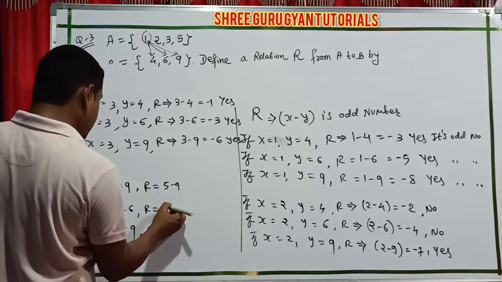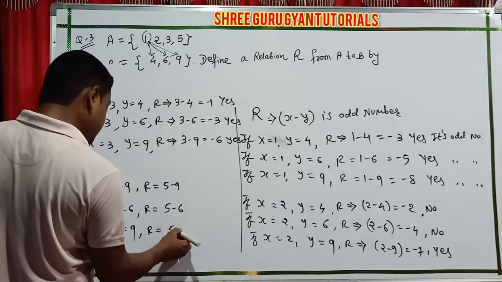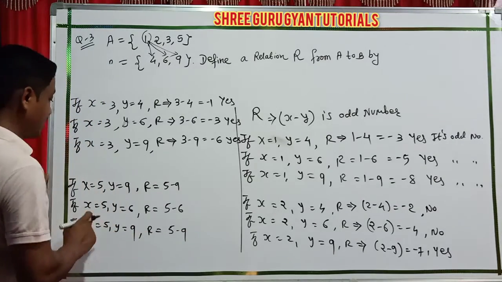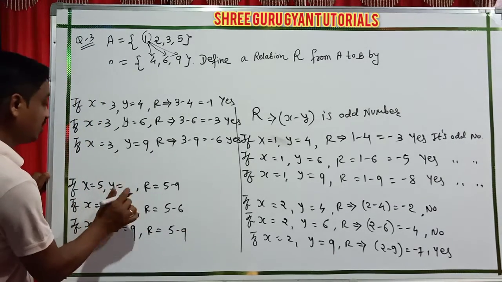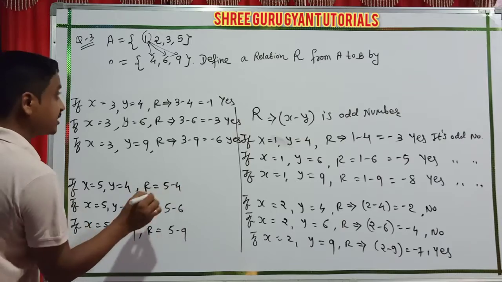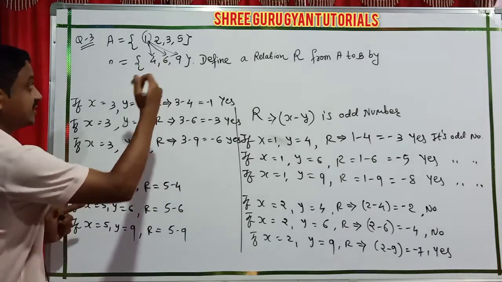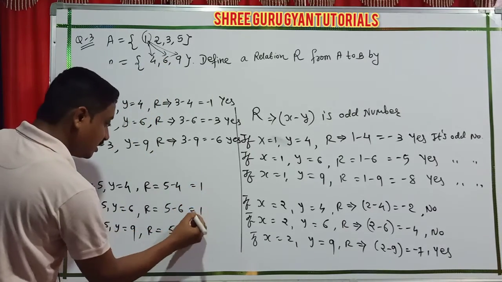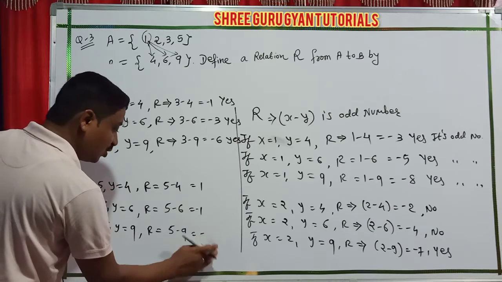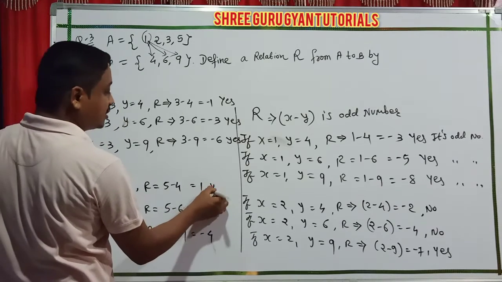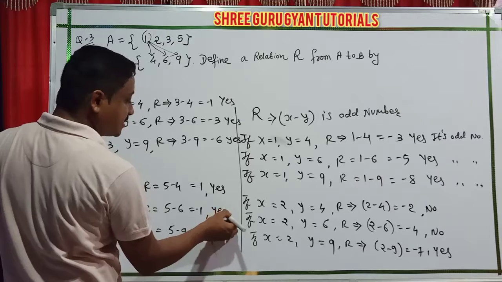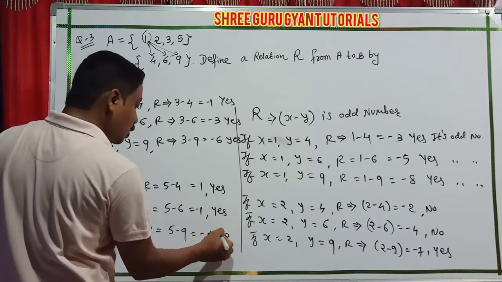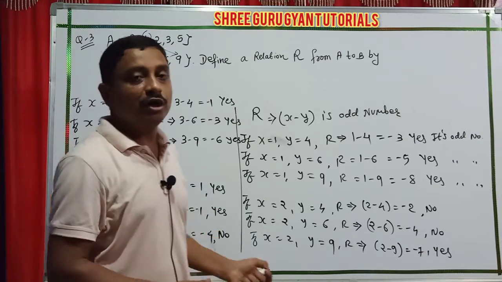Sorry, I am taking 4, my mistake. So 5 4, 5 6 and 5 9. Here 1, here minus 1 and here minus 4. So yes, it is an odd number. Yes, it is an odd number, but here no, it is not an odd number.